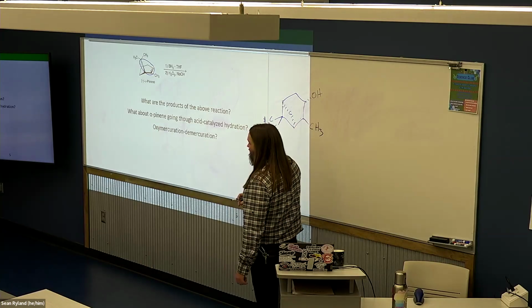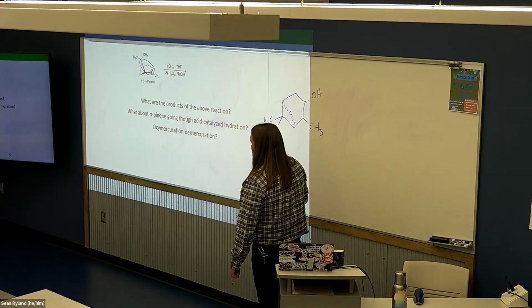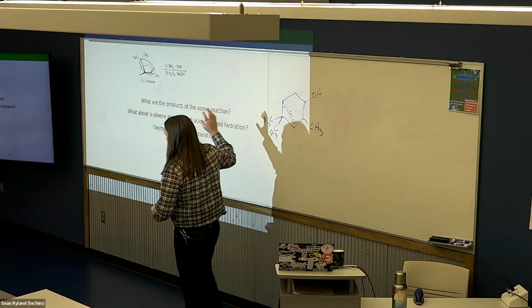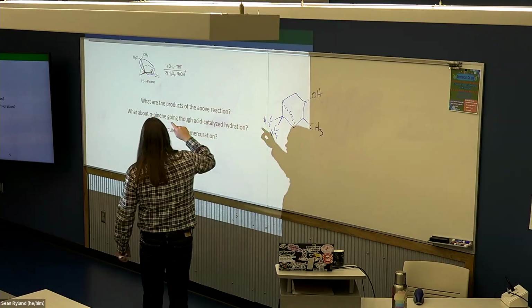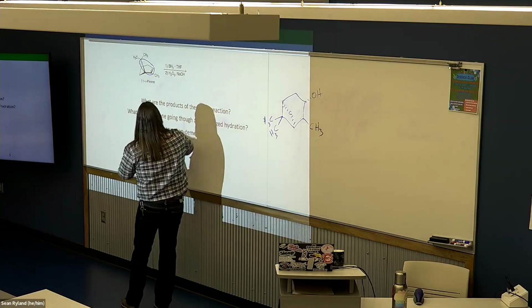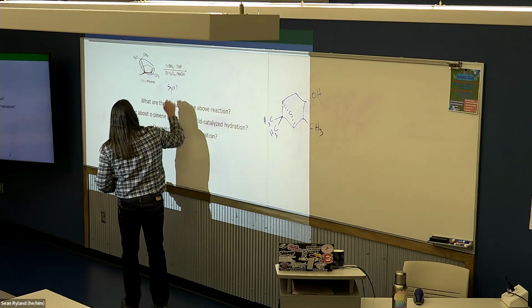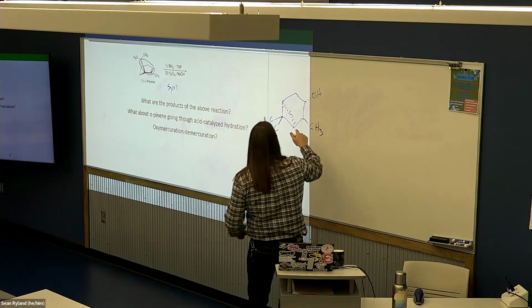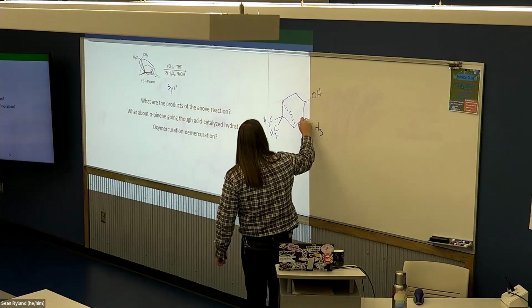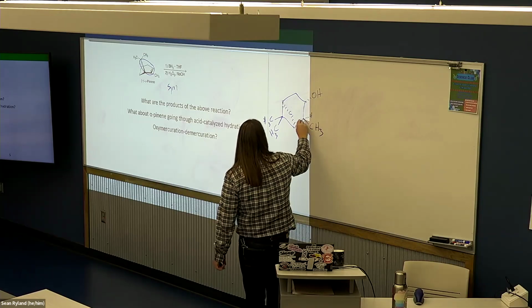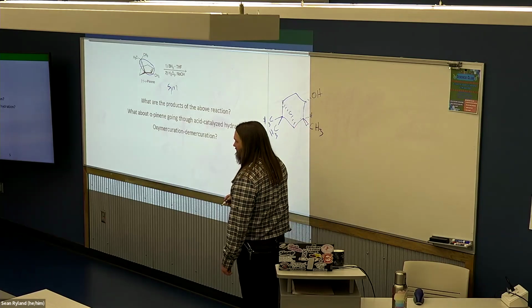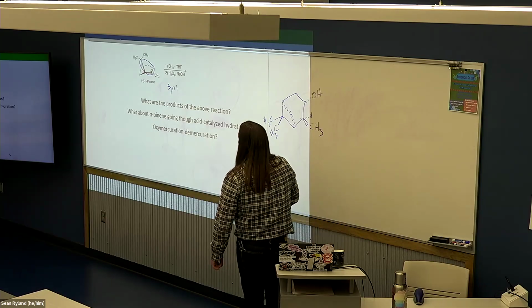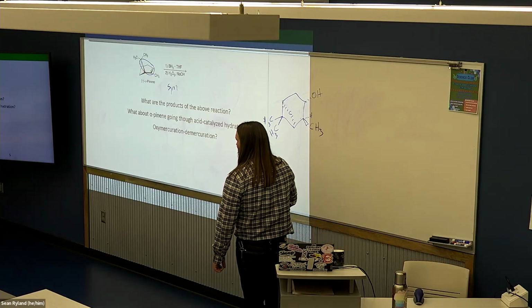And it's going to be syn addition, right? Because we have this ring structure and all this 3D shape, we do need to think about that. This one was syn addition, which means that the OH and the hydrogen are pointing in the same direction. So if the OH is going down, that hydrogen we just added is going down, which means this methyl is coming up. And the reverse.